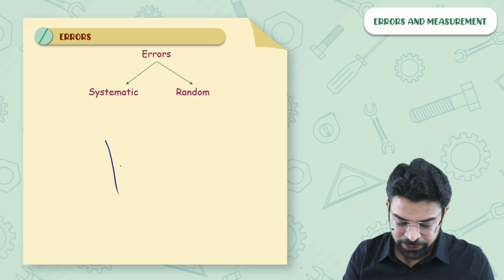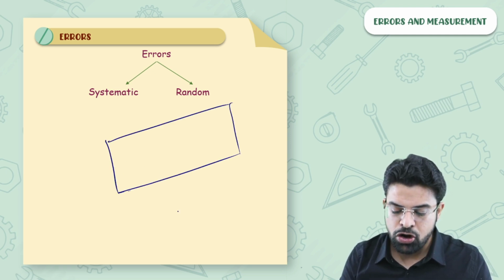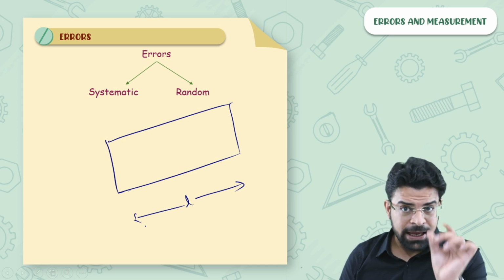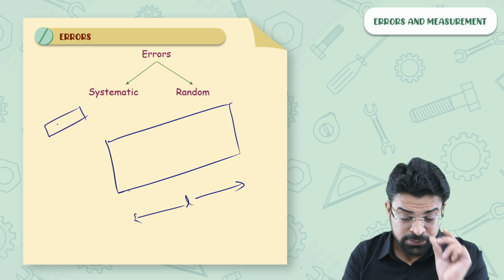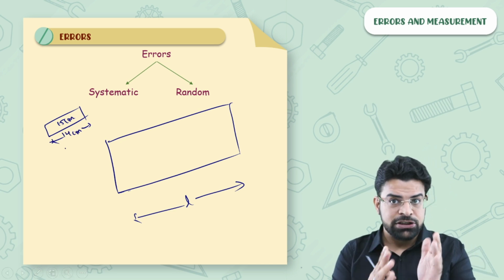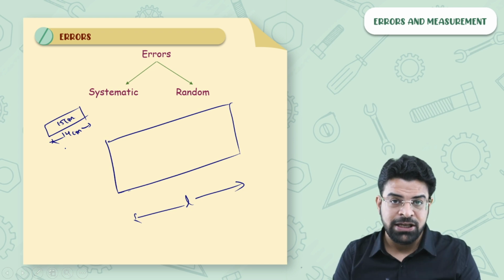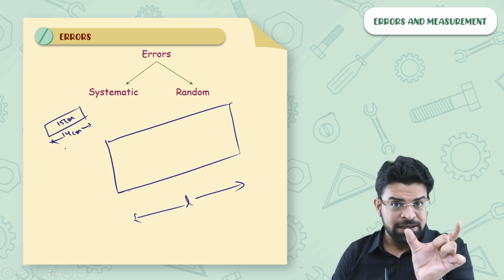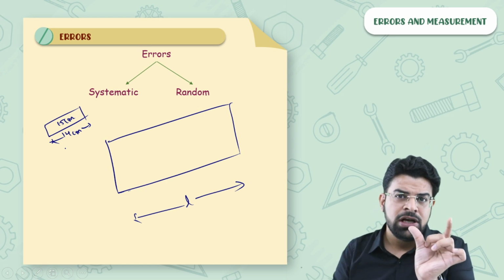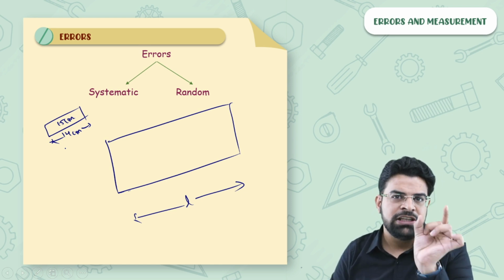For example, let's say you are measuring the length of a table. But the scale you are using, which is meant to be 15 centimeter long, is actually 14 centimeter long. So there are calibration issues with this scale. It is meant to be 15 centimeter long, but the manufacturer made it wrong and now it is actually 14 centimeter long.